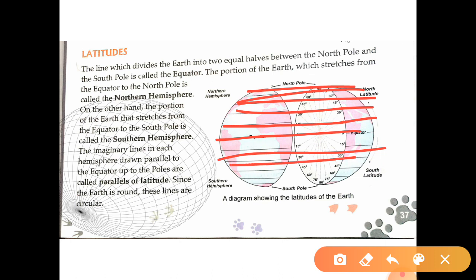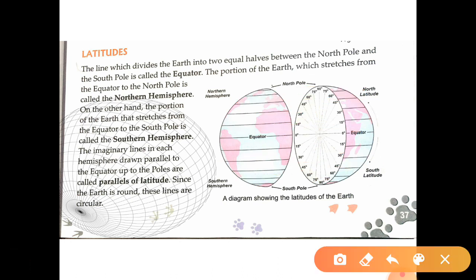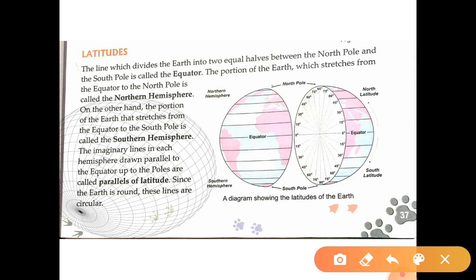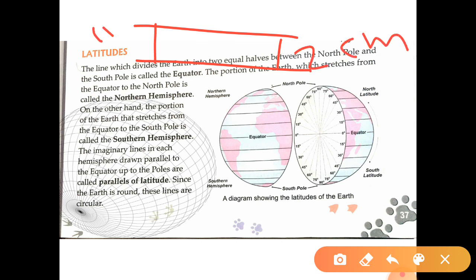The equator is one straight line, and the distance between the equator and this line is the same at every place. These lines are parallel to each other: here 2 centimeters and here also 2 centimeters.